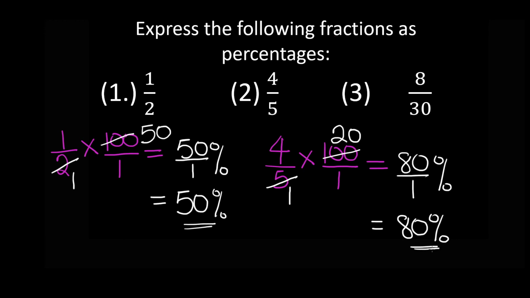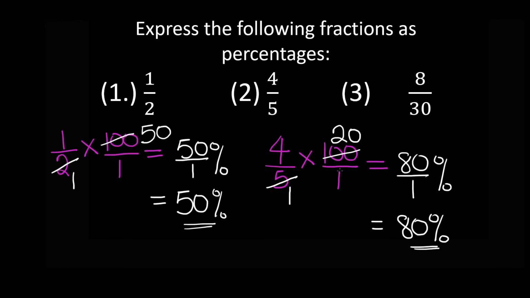Percent. All right. So if you convert 1 over 2 to percentage, that's going to be 50%. If you convert 4 over 5 to percentage, it's going to give you 80%.